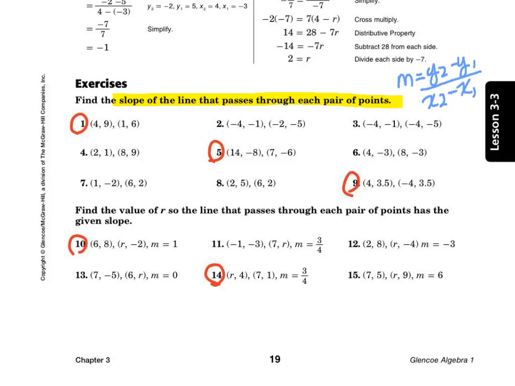And then find the value of r so that the line passes through the pair of points and has the given slope. So you're going to set up your slope formula and solve using cross products for number 10 and for number 14. Okay, work on those.